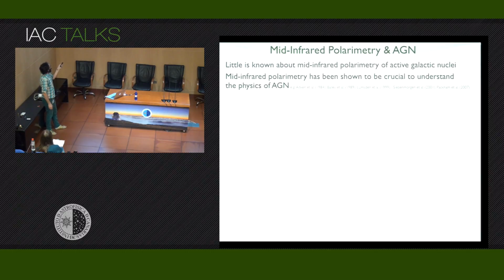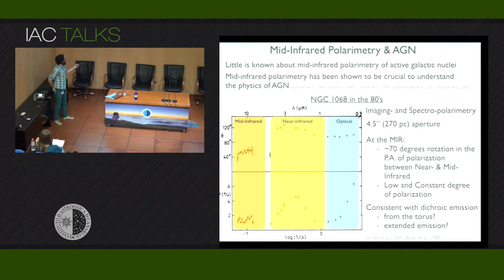But there are a few key papers that have shown that mid-infrared polarimetry is crucial to understand the physics. The pioneering work was by Aitken et al. in 1984, the year that he was born, a paper in Nature showing mid-infrared polarimetry of 1068.